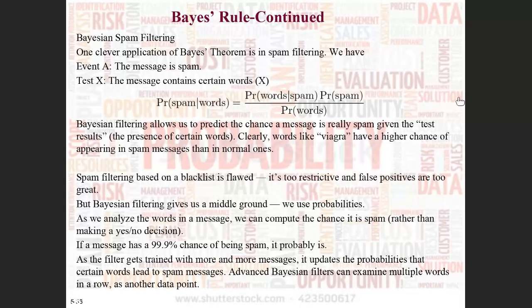All right. So this example is about spam filtering. So the event A is the message is spam. The test X is the message contains certain words, X. So the probability of spam given the words is equal to the probability of words given spam times the probability of spam divided by the probability of the words.